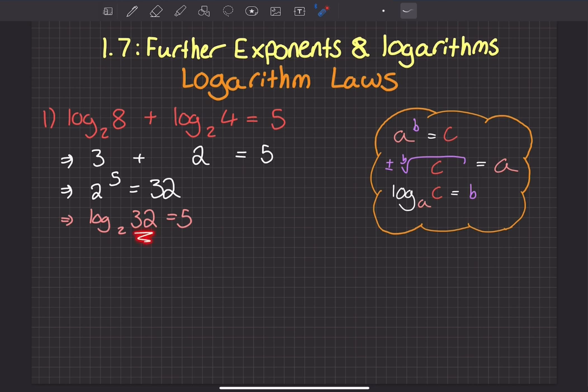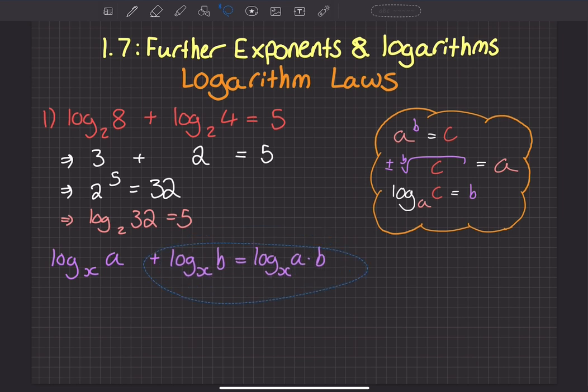This 32 is basically 8 times 4. And this brings us to our first law: log base x of a plus log base x of b is equal to log base x of a times b. This is our first logarithm rule.